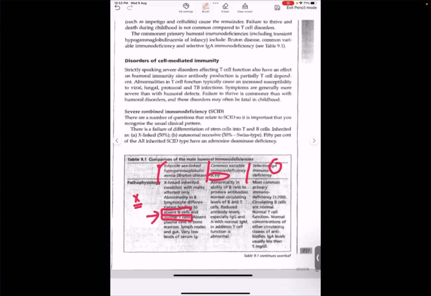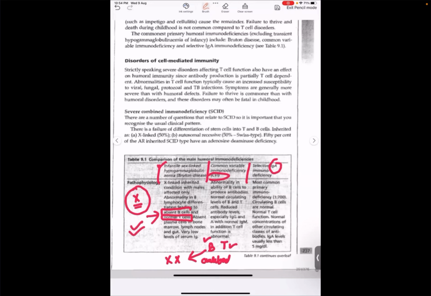If we talk about common variable immune deficiency, B cells are normally produced, T cells are normally produced, but what is happening? B cells are unable to produce antibodies, so there is defective antibody production. Here antibodies are not produced because of absent B cells.